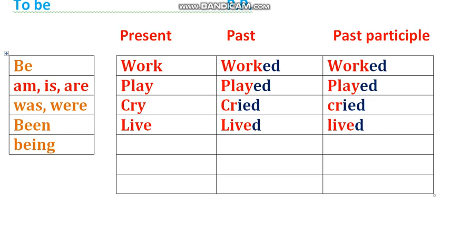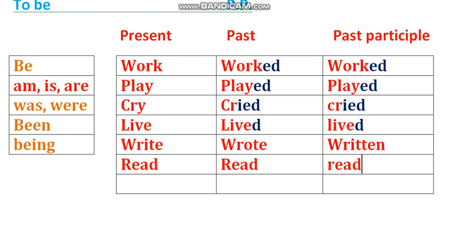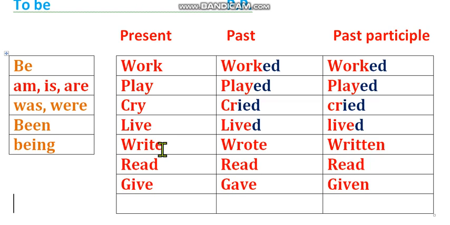But when it comes to irregular verbs, we must keep them in mind. We must learn them. That's like write, wrote, written. Also read, read, read. Give, gave, given. Both, both.